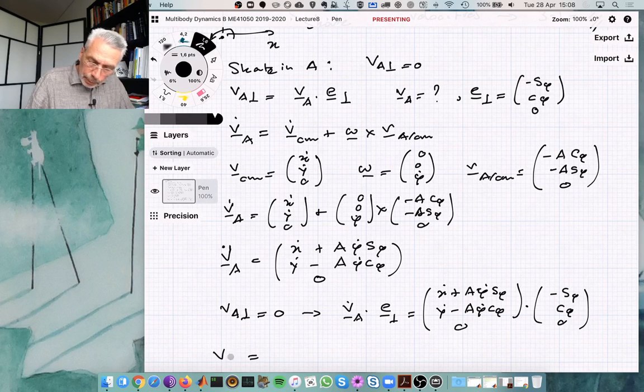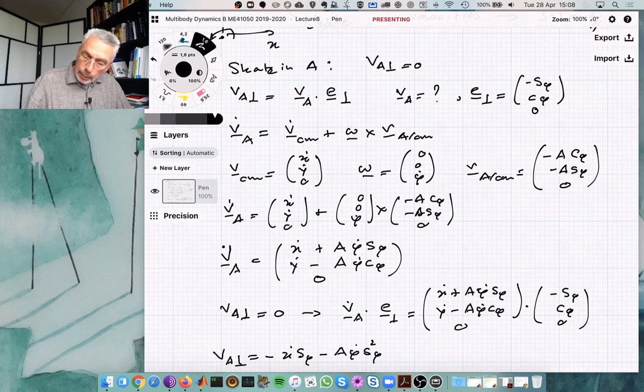So V A perpendicular equals minus x dot sine phi, that's the first, minus A phi dot sine squared phi, plus y dot cosine phi, minus A phi dot cosine squared phi.